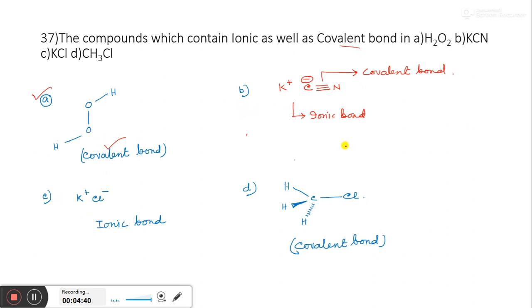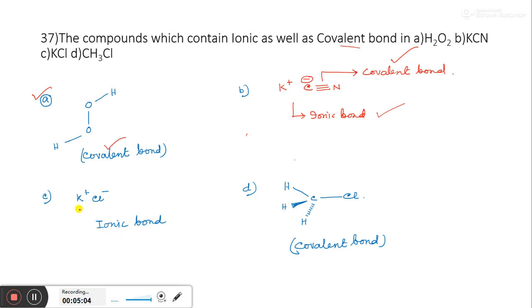In the case of KCN, where K plus and CN minus are present, between K plus and CN minus ionic interaction is present, so an ionic bond is present, and between C triple bond N, the triple bond is covalent in nature. So in KCN, ionic bond as well as covalent bond are present.